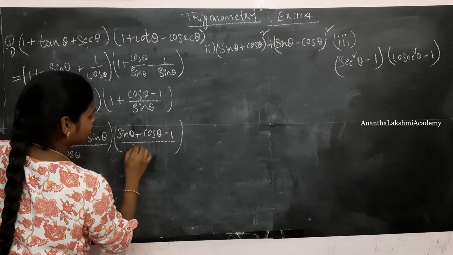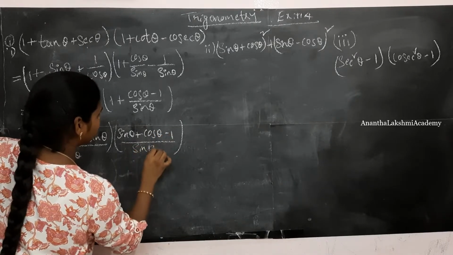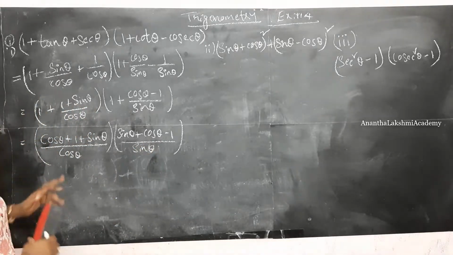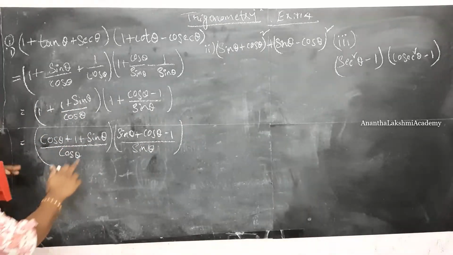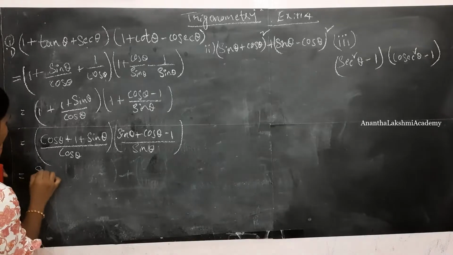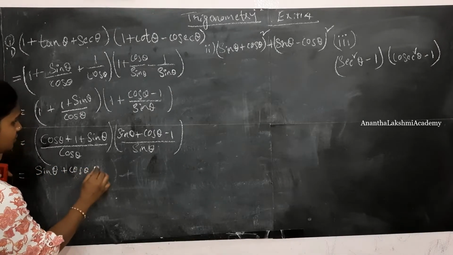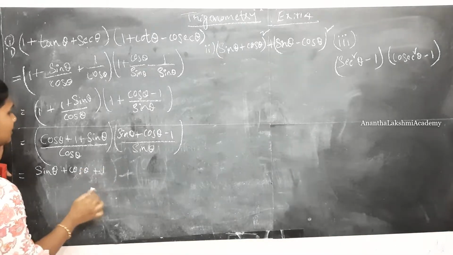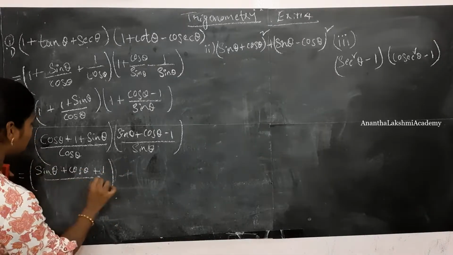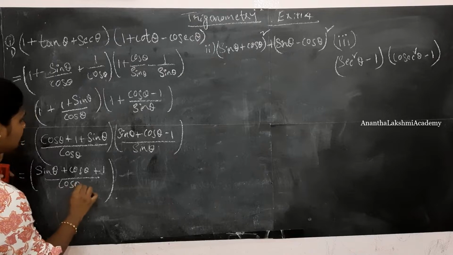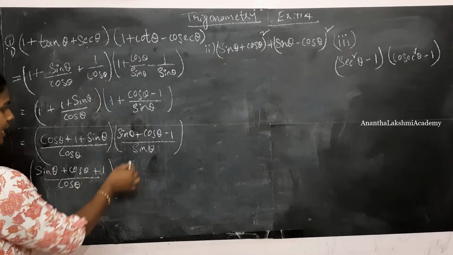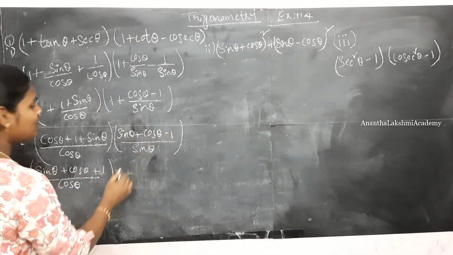The LCM part, I hope you are familiar with by now, right? Let me restructure it: sine theta plus cos theta plus 1 by cos theta, and sine theta plus cos theta minus 1 by sine theta.